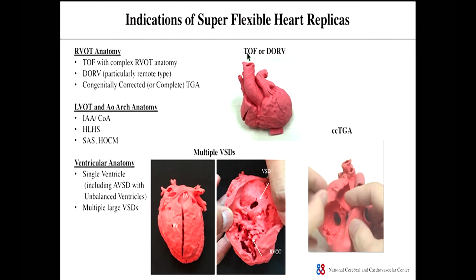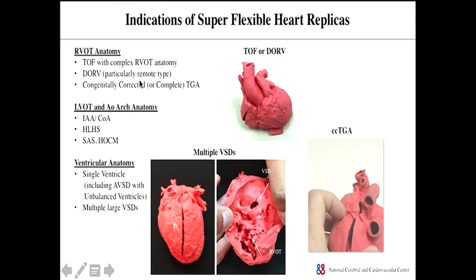Another good indication is congenitally corrected TGA for double switch operation, and also RVOT obstruction and aortic anatomy abnormalities such as interruption, coarctation, hypoplastic left heart syndrome, subaortic stenosis, or HOCM are also good indications for the model.